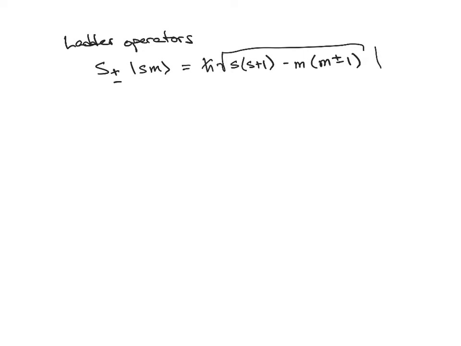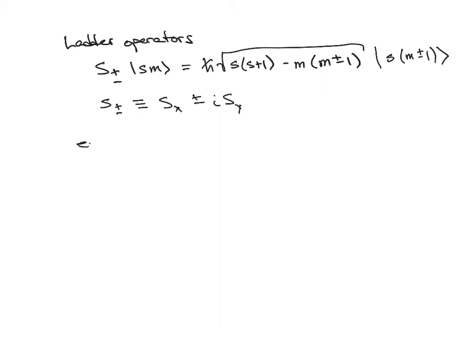This acts on an eigenfunction of s and then m plus or minus 1, depending again on whether we're raising or lowering. So we're going up or down in our quantum number m. Our ladder operators can be compared to our components: they are related to our x component and i times our y component.